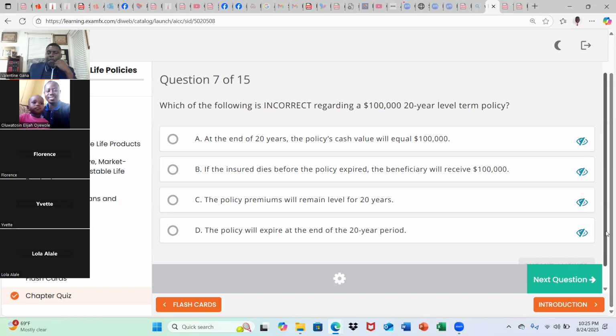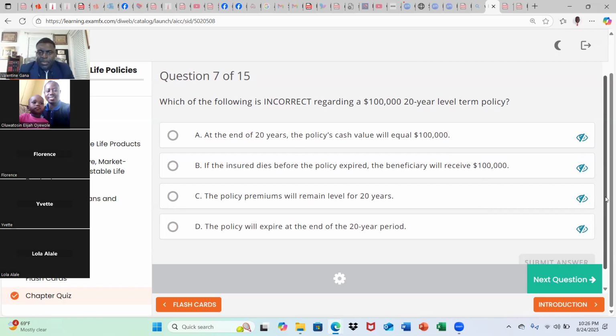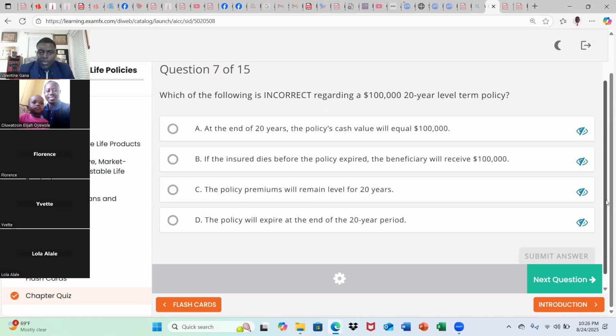C, the policy premiums will remain level for 20 years. D, the policy will expire at the end of 20-year period. What is the answer here? Which of the following is incorrect?